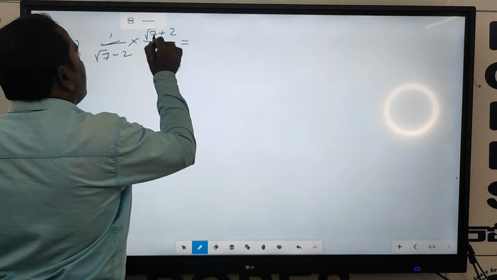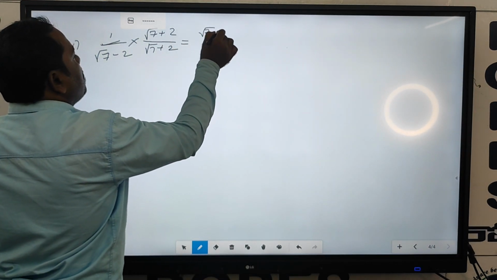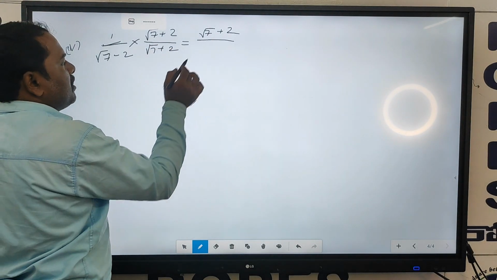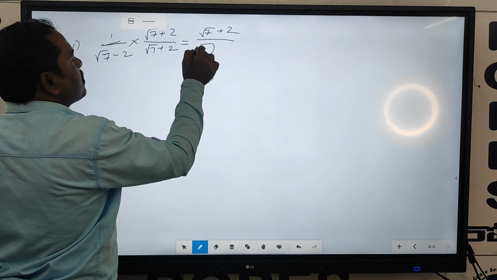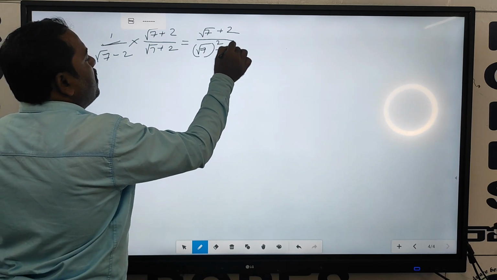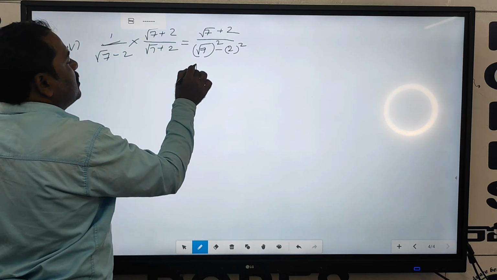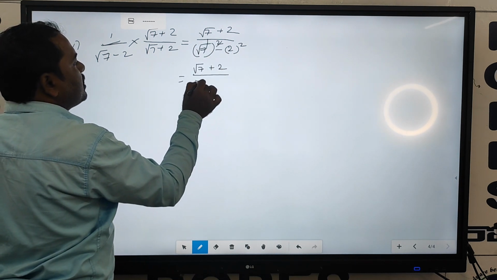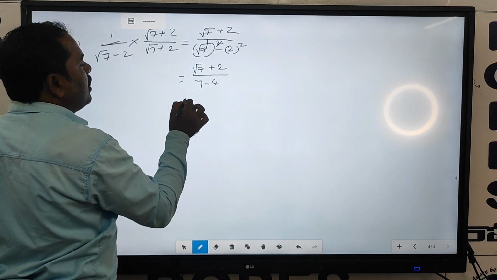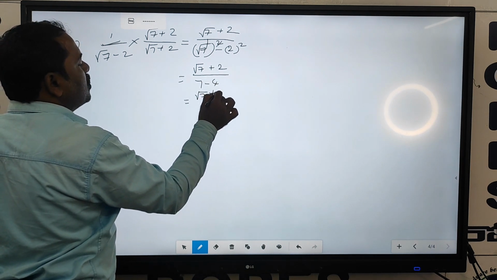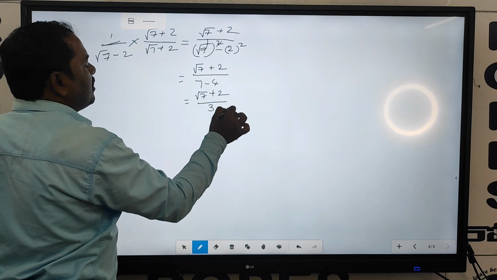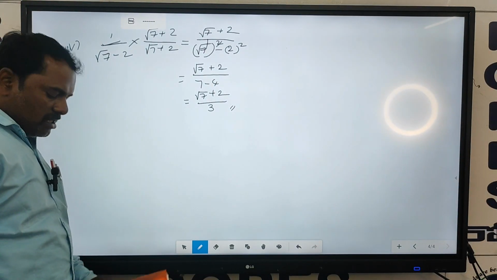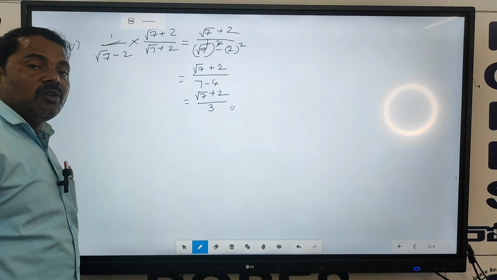After rationalization, (√7 + 2) by (√a - b)(√a + b). Then √a square minus b square: (√7 + 2) by the square root cancels, 7 minus 2 square is 4. Then (√7 + 2) by 7 - 4, which is 3. This is the rationalization of the irrationals. Okay, in this method we can solve easily.